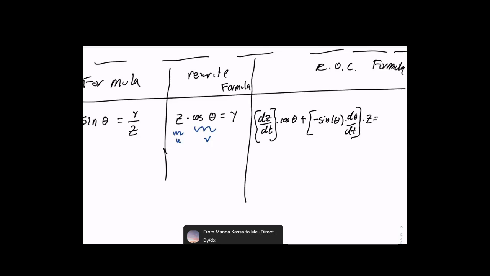What's the derivative of y with respect to time? There we go. Thank you, Mana. It's dy dt. The derivative of y with respect to time is dy dt.